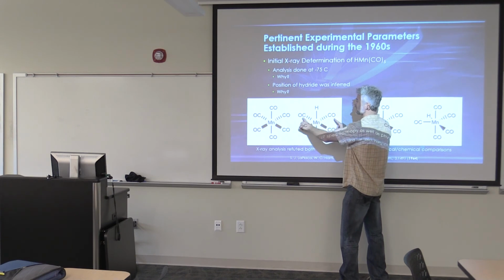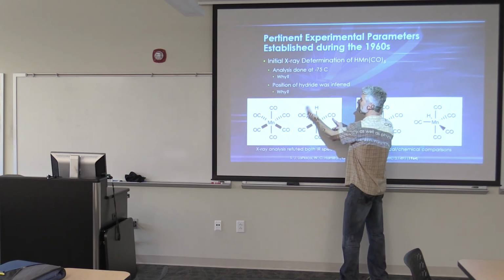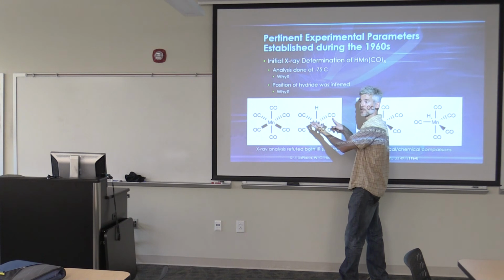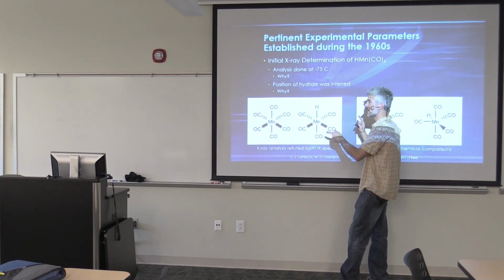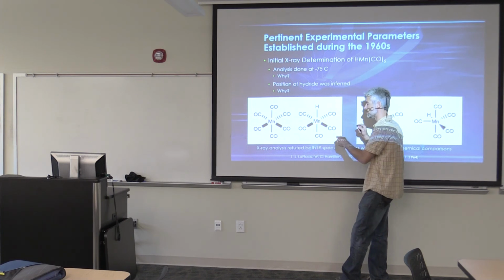So if there was nothing else there, then you would kind of expect that one of these COs would flip up and you would have a trigonal bipyramidal species, right? And so that's actually the 2 different ones that they were trying to refute, as it were.